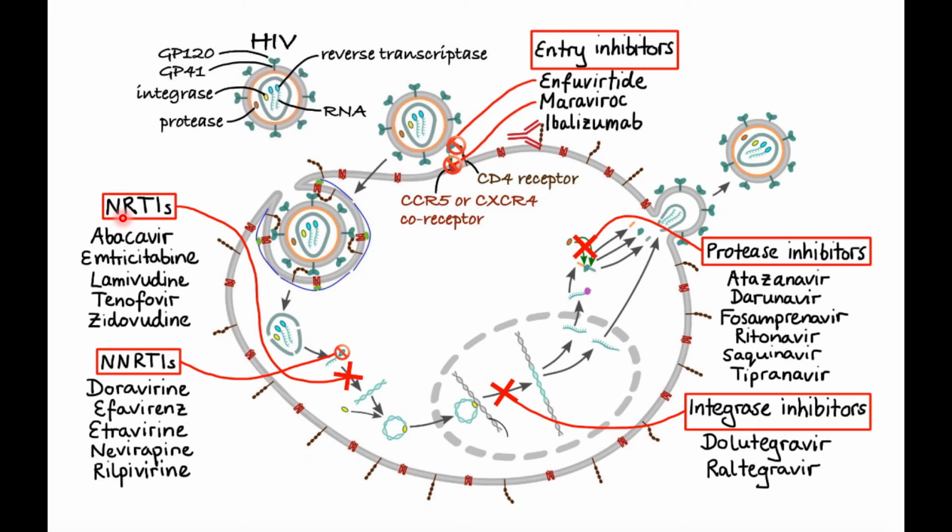So the previous group was nucleotide reverse transcriptase inhibitors that actually look like the nucleotide, and that is why they inhibit the reverse transcriptase.